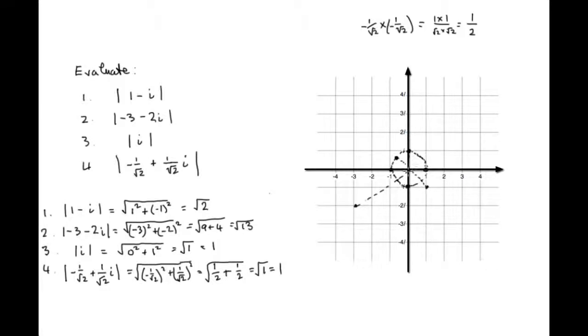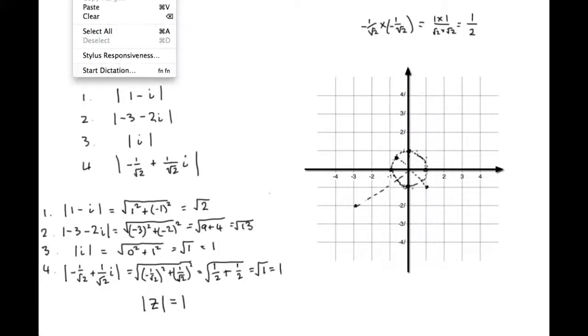They're at a distance of 1 from the origin. So if we were to look at complex numbers whose modulus is equal to 1, any complex number that satisfies this equation would lie on this circle. Now we'll see in some later videos that I'm going to do this idea in more detail.